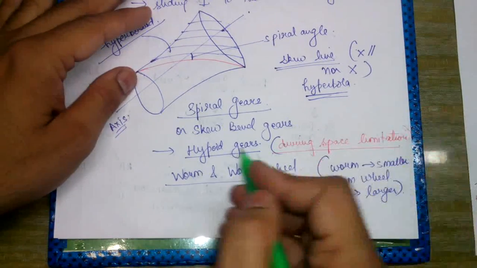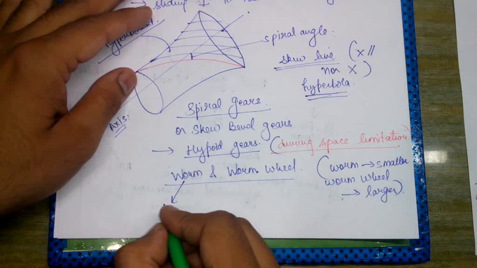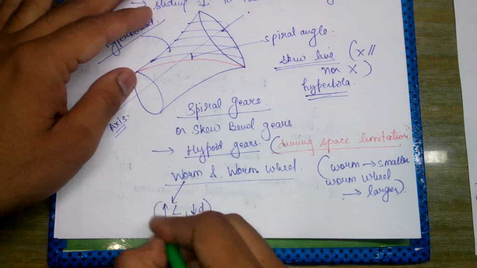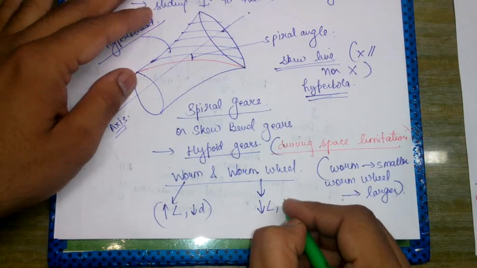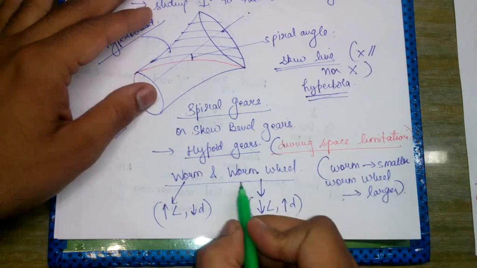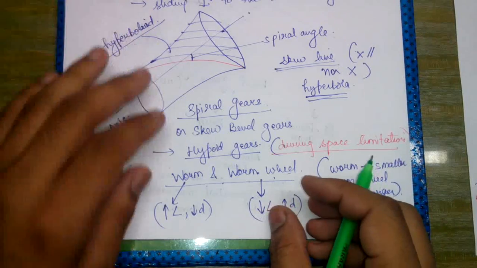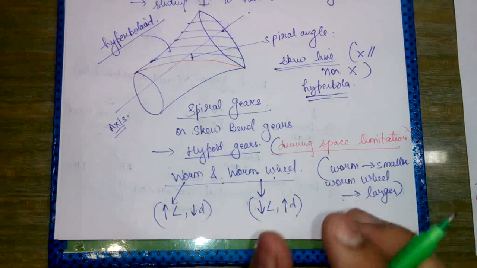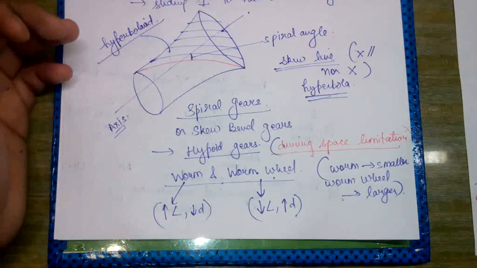The worm has a very high spiral angle and low diameter, whereas the worm wheel has a low spiral angle and very high diameter. Since the worm wheel is very large, the diameter is definitely large, and if the diameter is large, that means the spiral angle is low. Now these gears became very famous for very high speed reduction ratio.